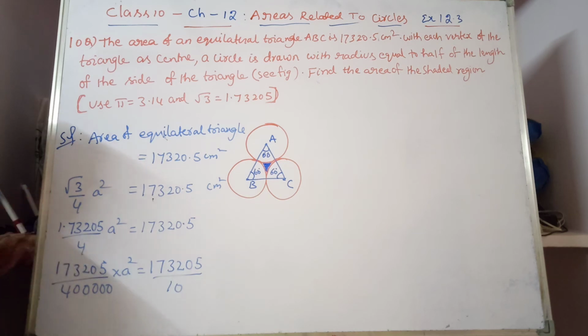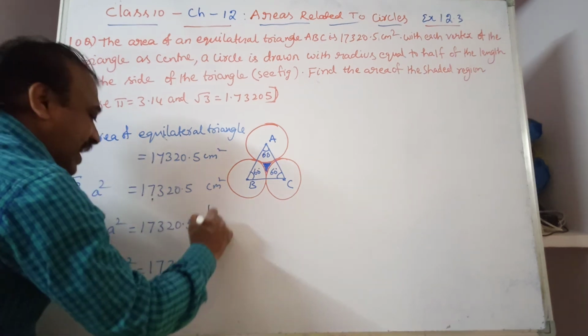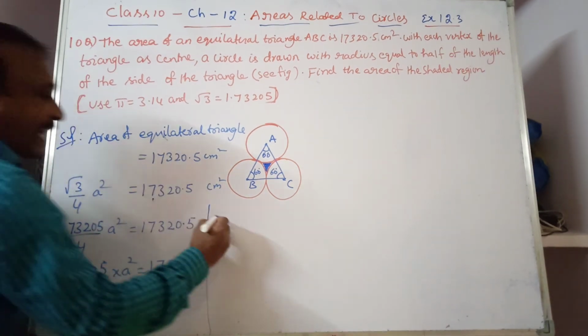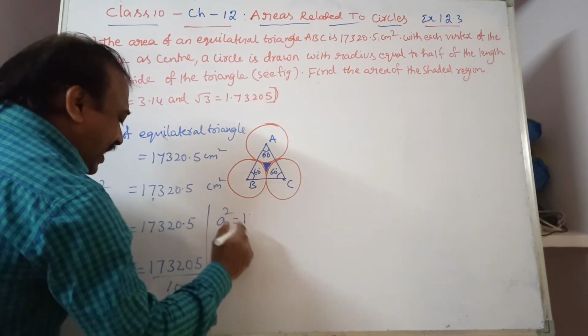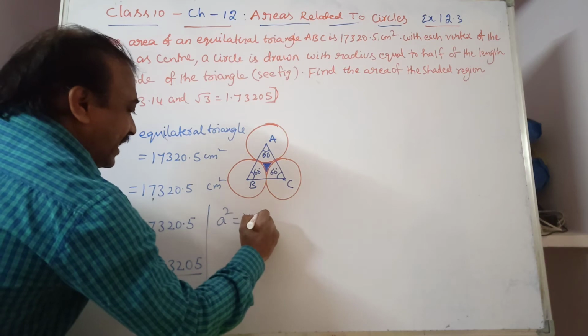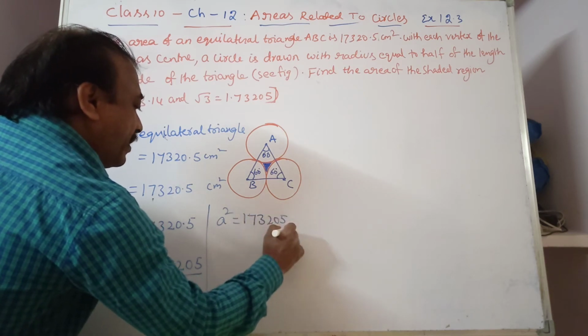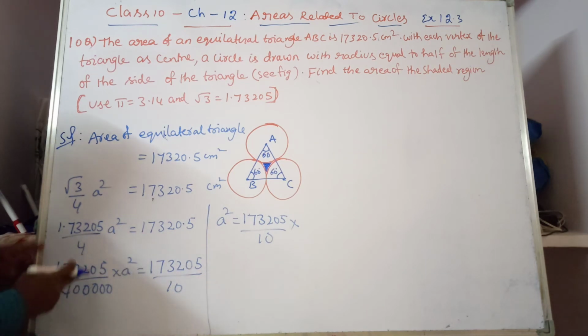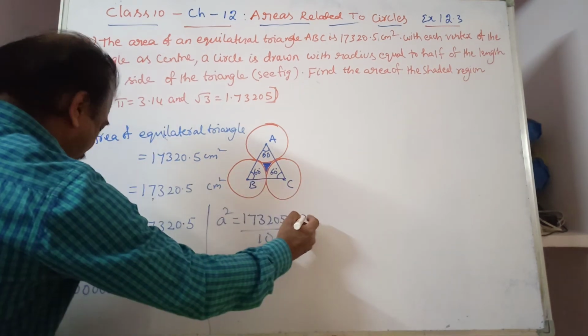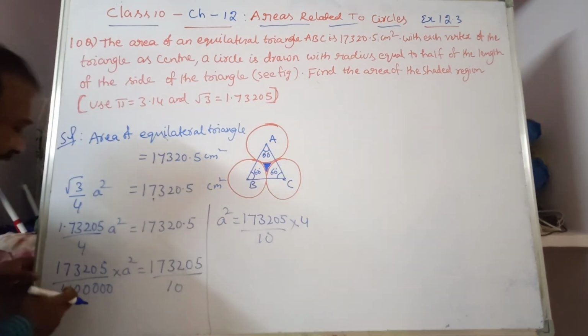Now transpose this value to that side. Then a square is equal to 173205 by 10 into this number. When you transpose, you get the reciprocal of the numerator.